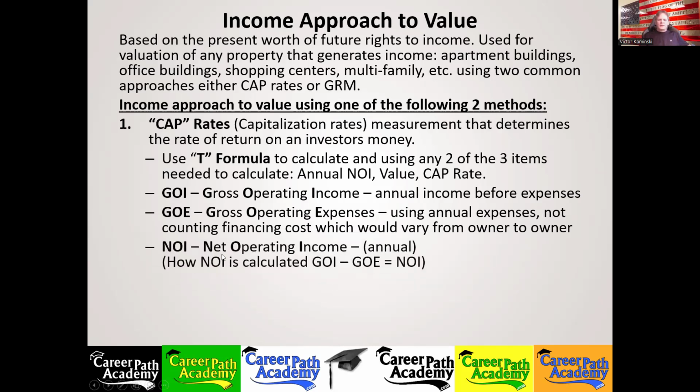And then you subtract the expenses from the income to get the net. So GOI minus GOE is NOI.